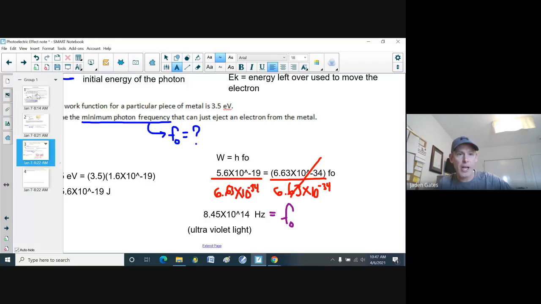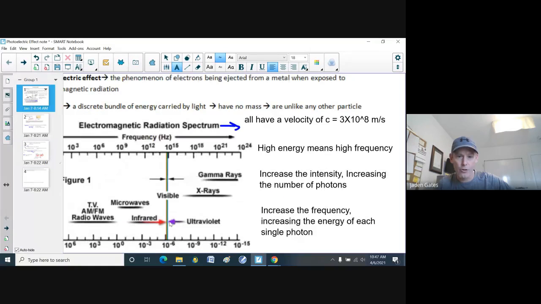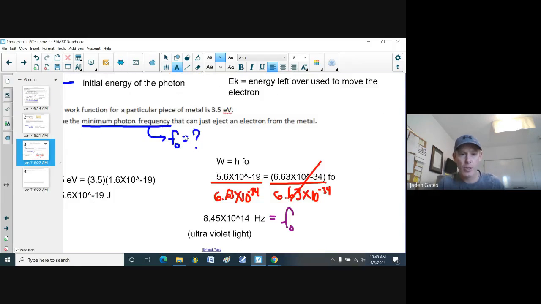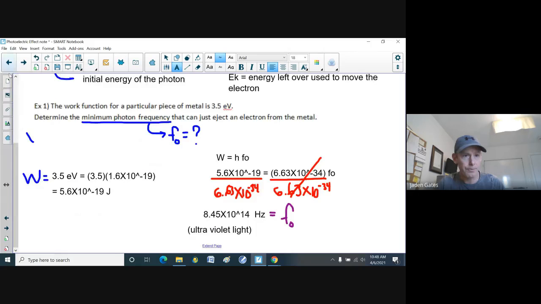And if you look at our table again, this is where our ultraviolet light is, right in here. If you were to shine X-rays on this metal, X-rays have a much higher frequency and much higher energy. Not only would an electron leave, but because it's such high energy, it would leave very quickly, because there would be leftover energy that would go into being our kinetic energy. So that's just how it works.